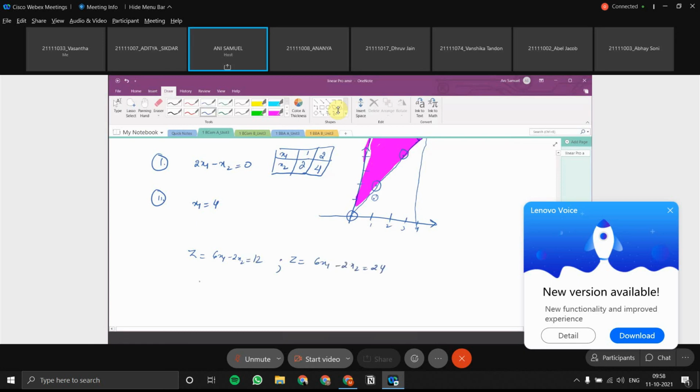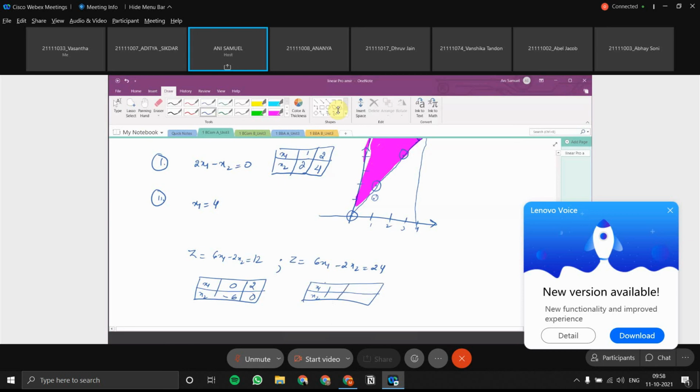Now tell me what the plot points are. When I take x1 as 0, I am getting minus 6, and when we take x2 as 0, we are getting 2, right?